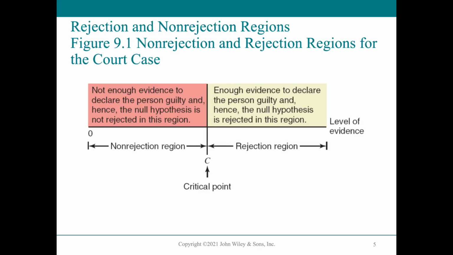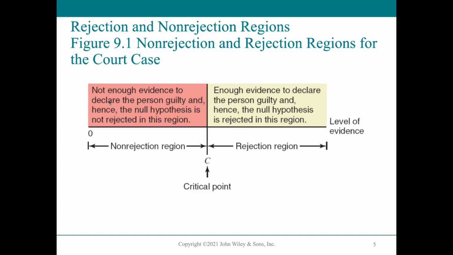So we have here what you call the rejection and non-rejection regions. It's called a region because usually when we look at it in the normal distribution curve, it's basically the area beneath a certain curve, starting from a certain point. Basically, we have a non-rejection region. As an illustration, say we have a court case about whether someone is guilty or not.